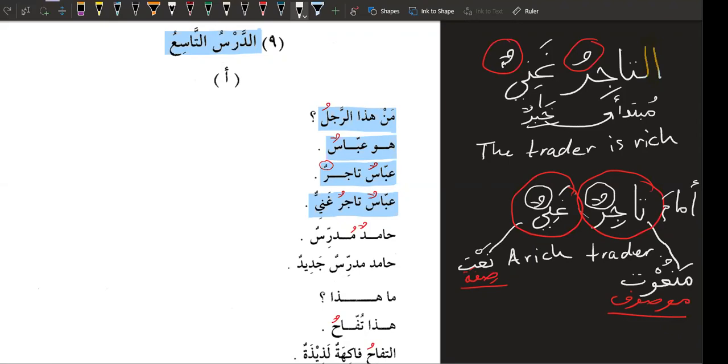So we would say amama tajirin. Now, because this one has two kasras, this one has to follow suit. So amama tajirin ghaniyin, in front of a rich trader, for example.